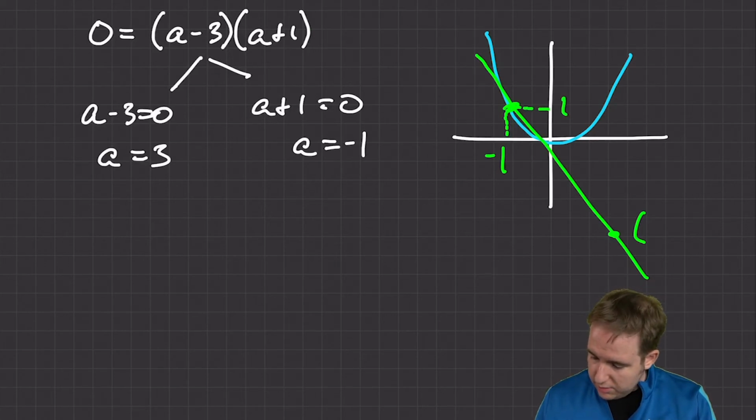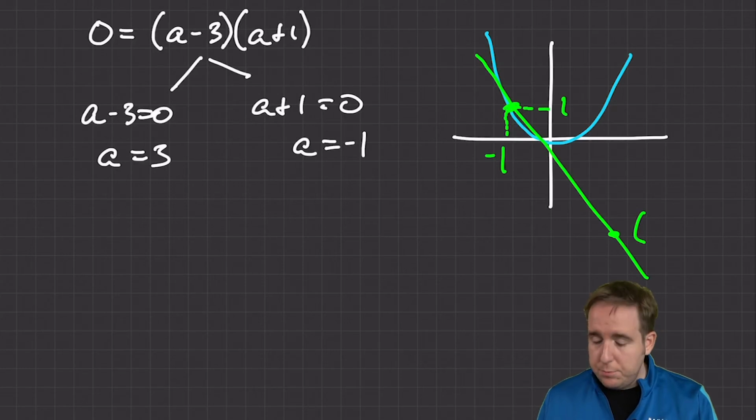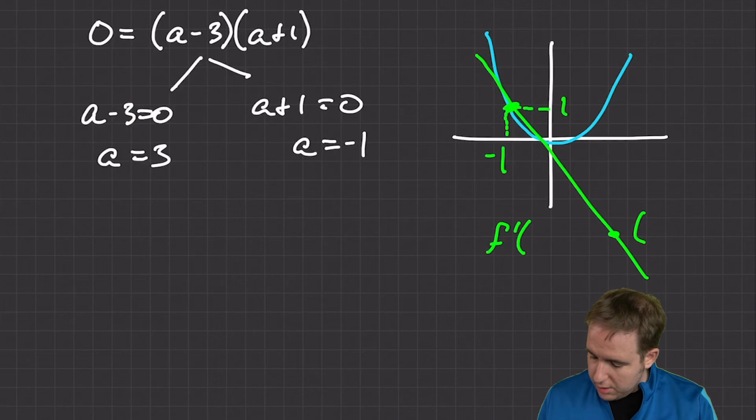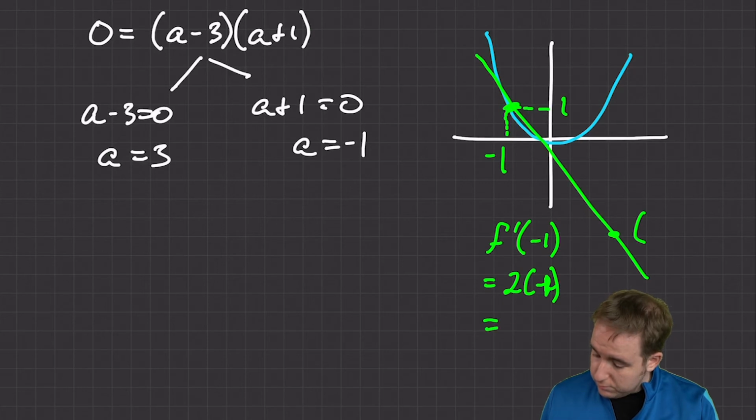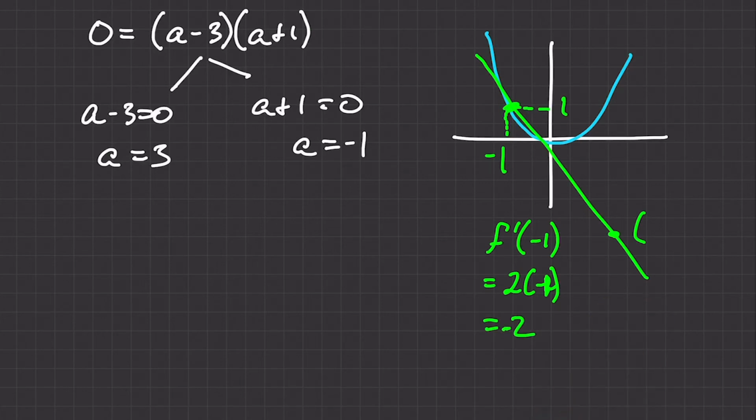And the slope here would be f prime of negative 1, which is 2 times negative 1, which is negative 2. So this line has a slope of negative 2, and it passes through the point negative 1, 1.